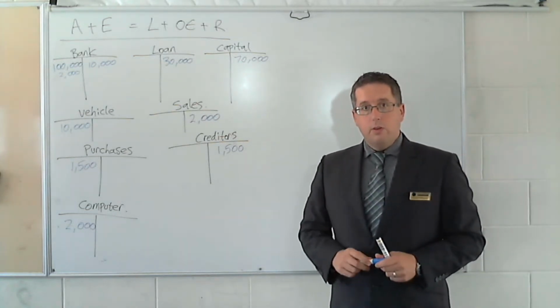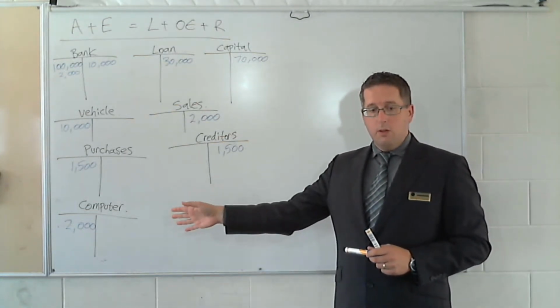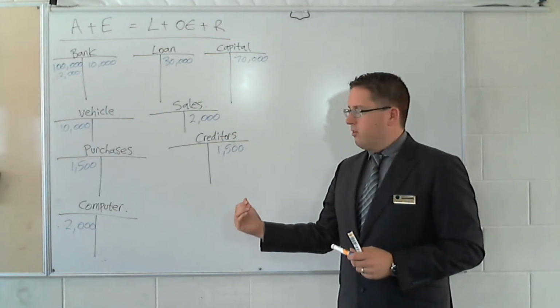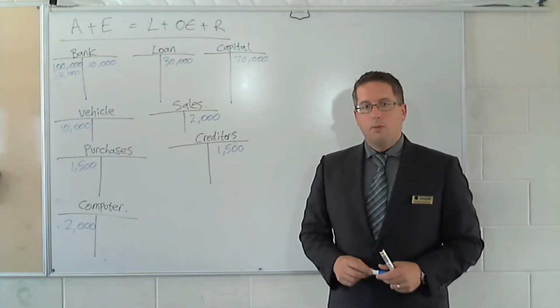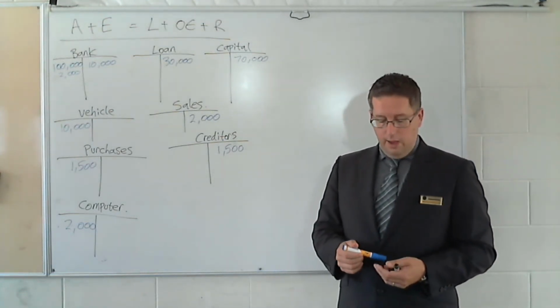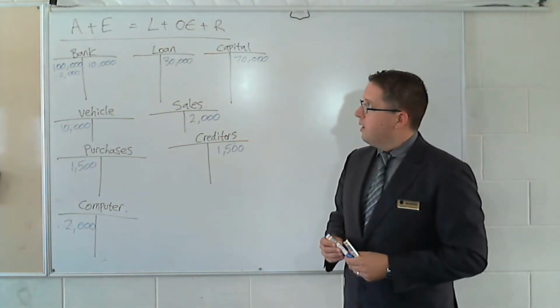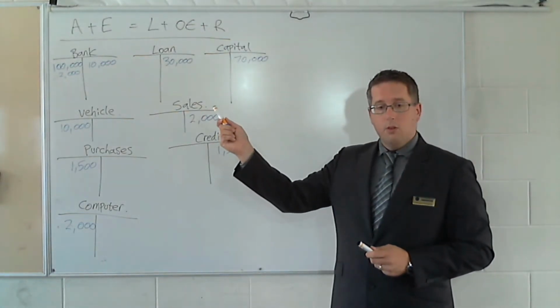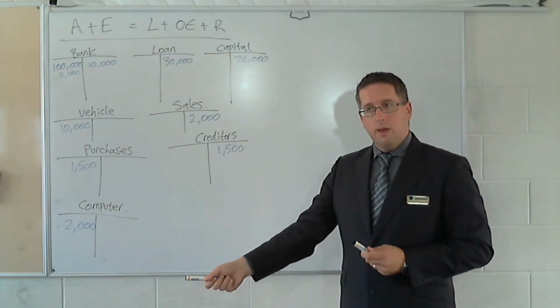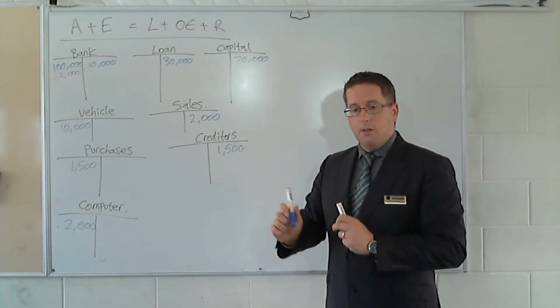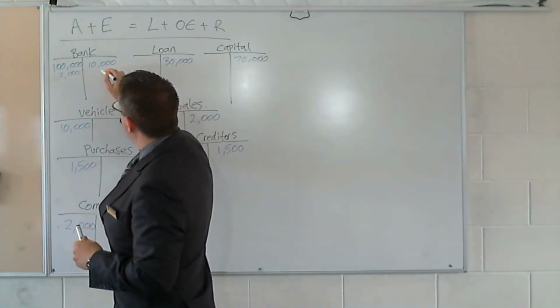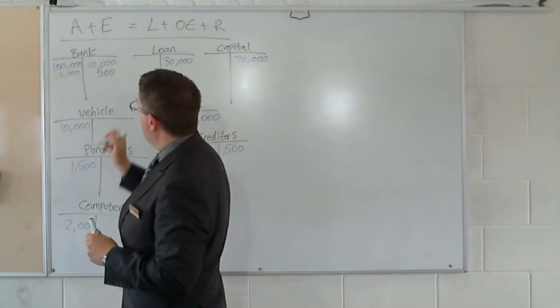Now, we need to record the rest of the transaction though. We've got this amount on the debit side. What's the credit? Well, we're told that we paid $500 cash. So, what's happening to our bank account? We pay some cash out of the bank account. That makes our bank balance go down. So, $500 goes out of the bank.